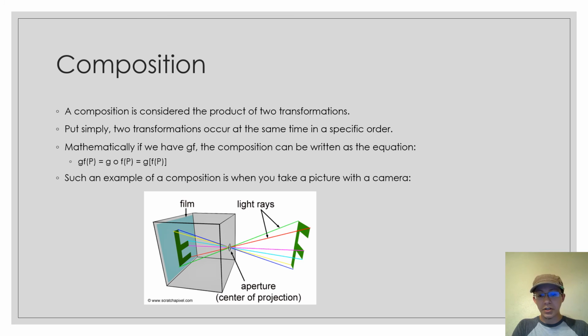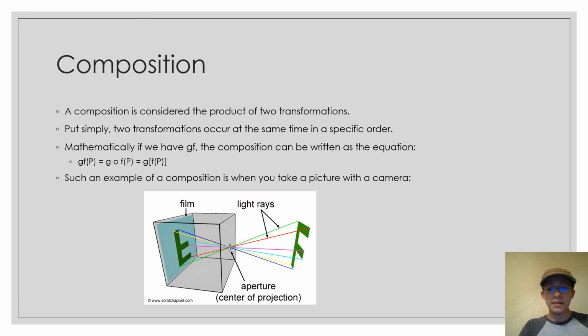Whenever you take a picture, the light gets inverted through the lens of the camera, and you end up with an inverted shot. Kind of like when you take a selfie and something on your left ends up on your right, because of the way the light is bent. What happens there is you get two different transformations happening at the same time.